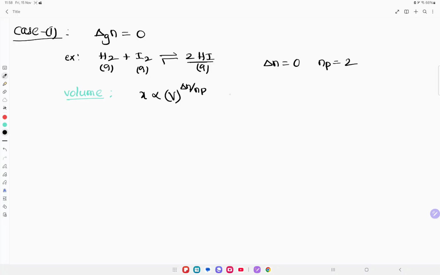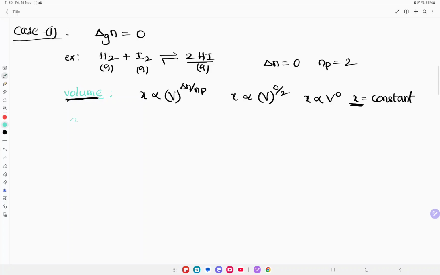So X is proportional to V power 0 by 2, that is X proportional to V power 0. X is constant. When volume is increased or decreased, X doesn't change. If delta n is equal to 0 for an equilibrium reaction, then with the increase of volume, X is constant and the number of moles of molecules dissociated doesn't change.